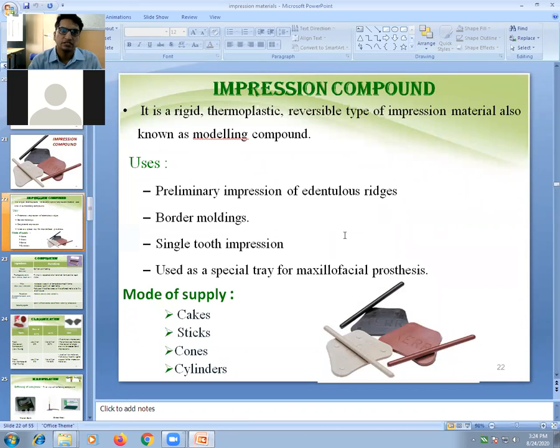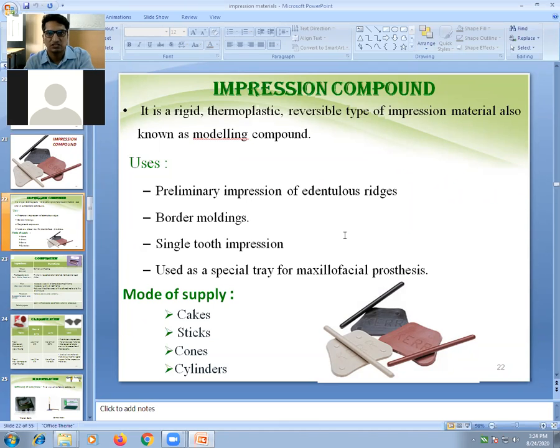It is a rigid thermoplastic reversible type of impression material, also known as molding compound. In classification, we have seen impression compound in the non-elastic part. Non-elastic means rigid. Thermoplastic means it is a plastic-like material whose properties change when the temperature changes.